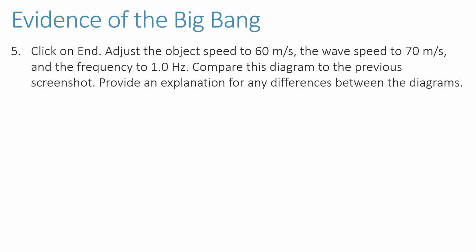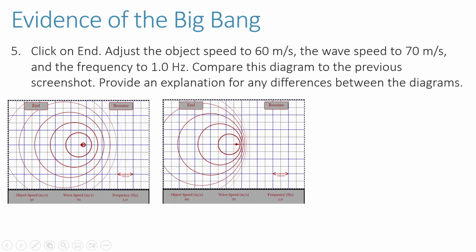Now we want to compare the image we just saw to what it would be if the object was traveling faster. This one is showing us 60 meters per second, and this one's showing us 30. Looking at these pictures, you probably notice that this shortening and lengthening effect is more pronounced when the object is moving faster.